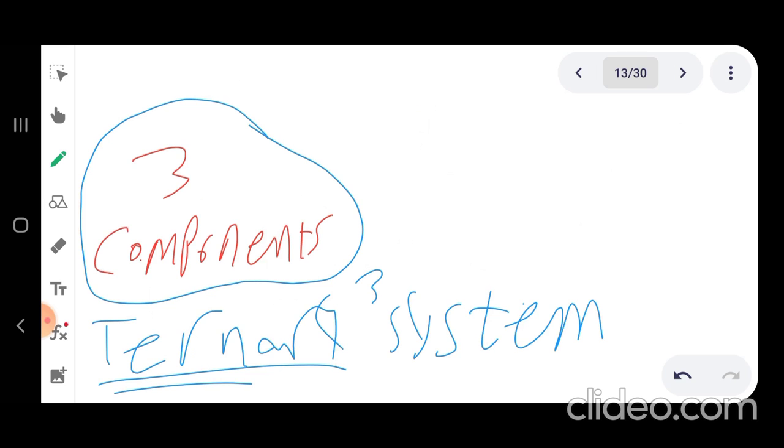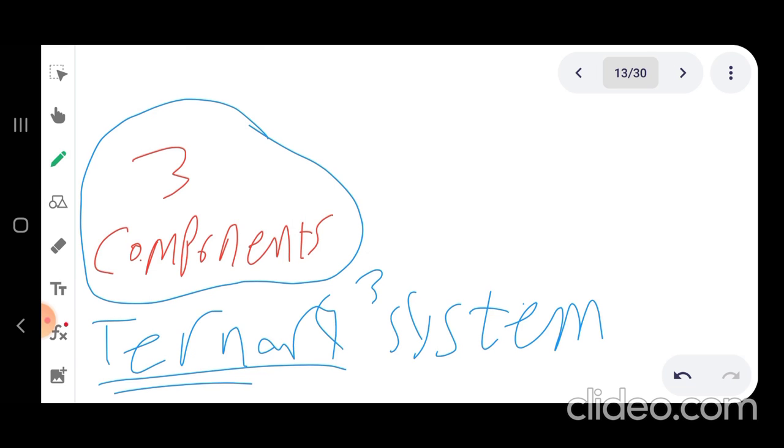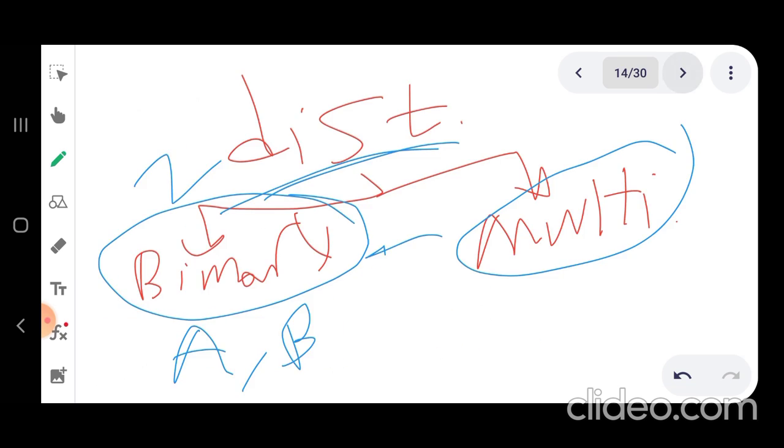So let's give them symbols, just to agree on the symbols, to not confuse you later. Let's go back to our example, which is oil, NaCl, salt, and H2O, water.